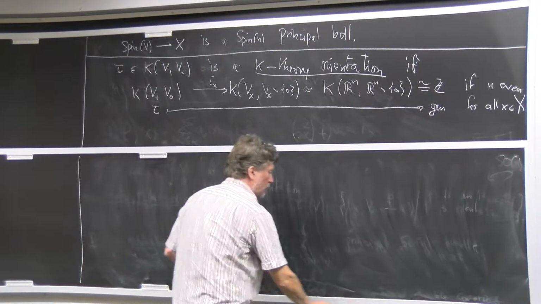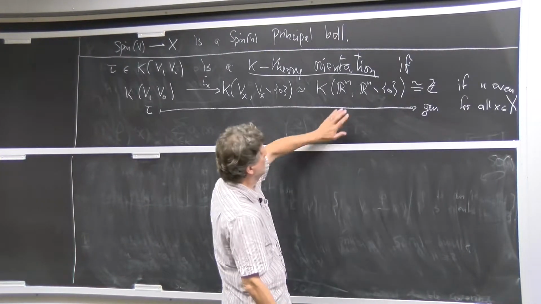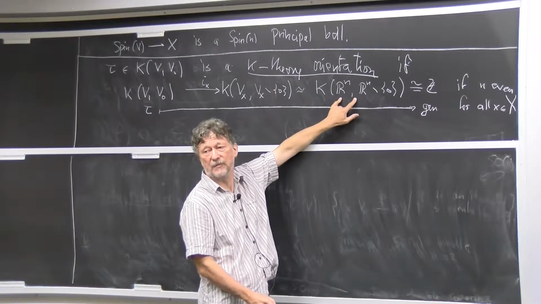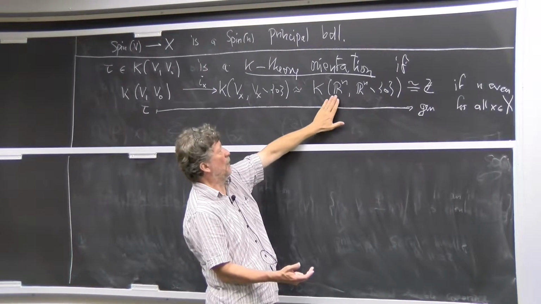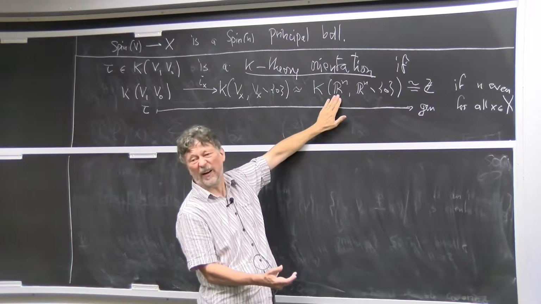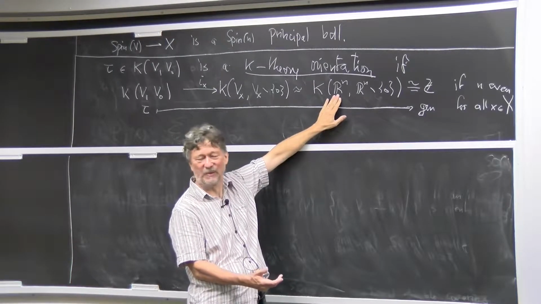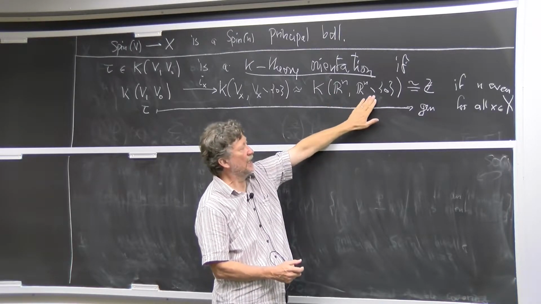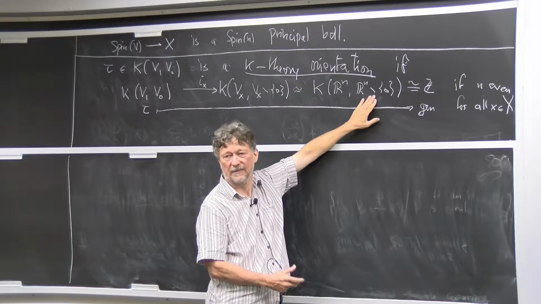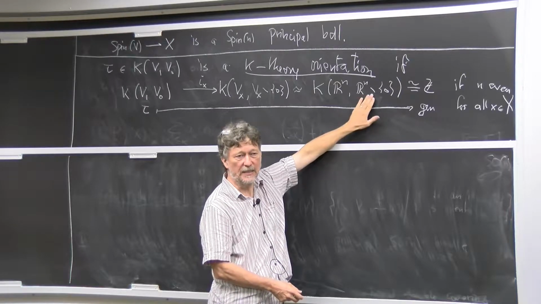We want to construct for even n a generator of this relative K-theory. And we know what it looks like, right? It's given by a pair of vector bundles over Rn. Well, that's pretty boring, right? They're all trivial. And I need a vector bundle map between them, which should be an isomorphism away from 0. That's sort of how we represent elements in here.